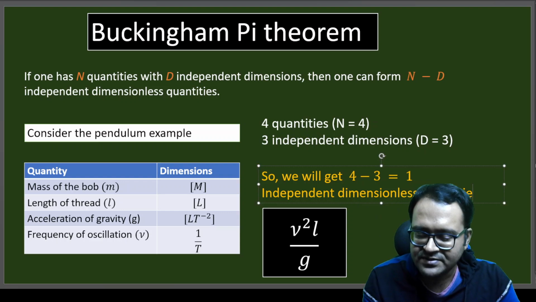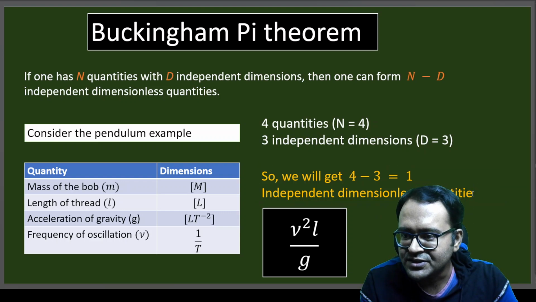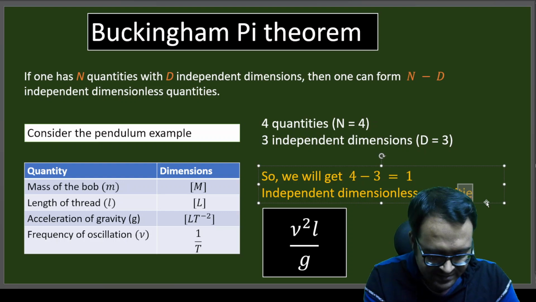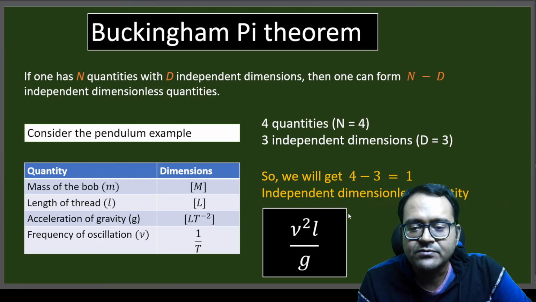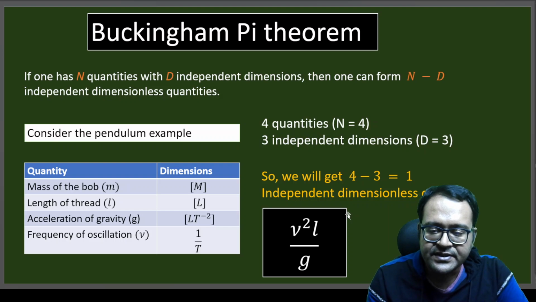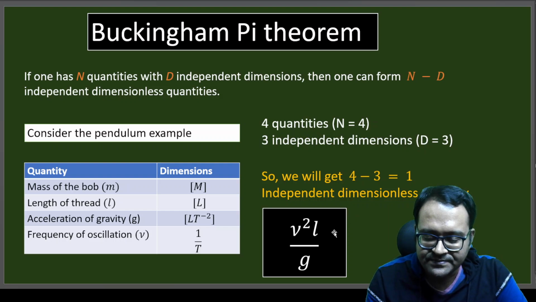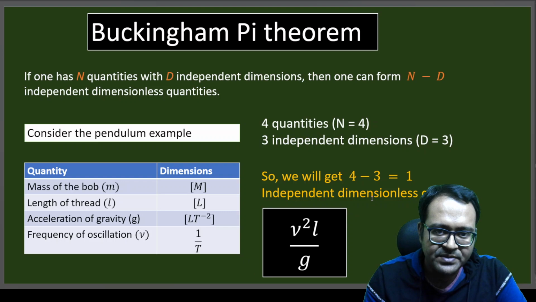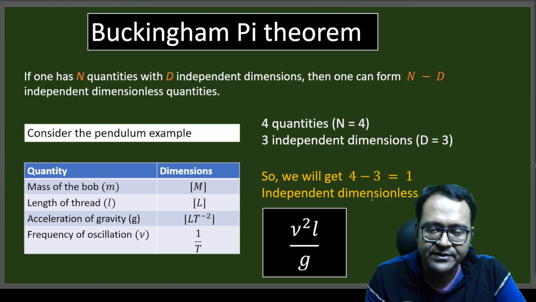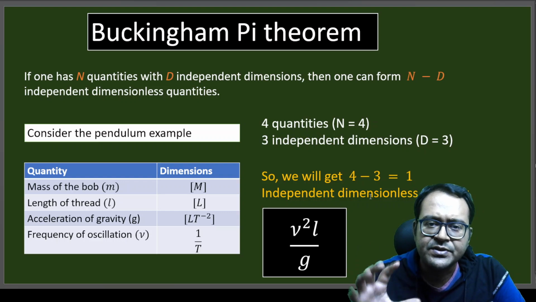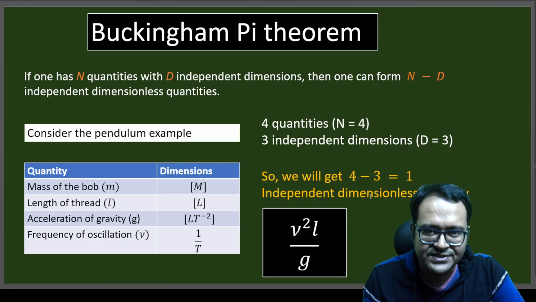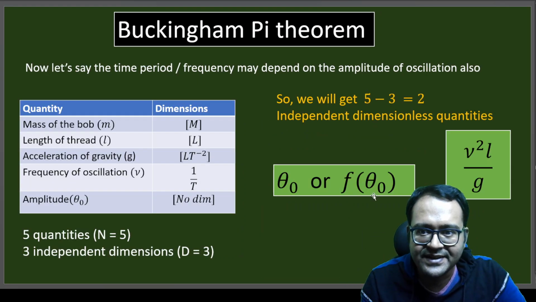So it's a single number, and that quantity we already calculated in class 1, that is nu square L by g. This is a very simple application, but Buckingham Pi Theorem deals with more complicated problems where we deal with many more quantities.